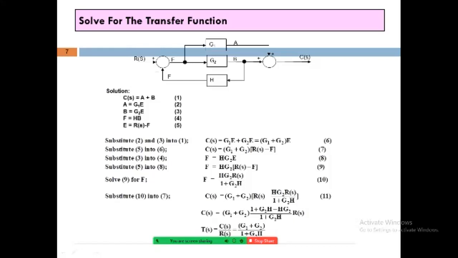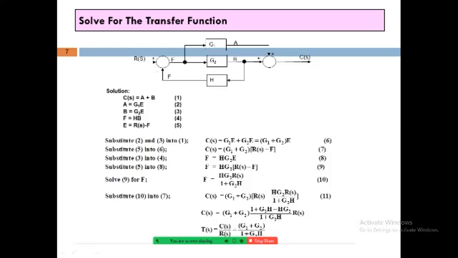Yes, E is equal to R of S minus F. By simply solving equation number 9, solve this bracket, this HG2 is completely multiplied with R of S minus F. Okay, so F is equal to HG2 R of S, simply again HG2 into F, and by solving step by step, we get this value of F as HG2 R of S upon 1 plus G2 into H. Give this equation number 10.